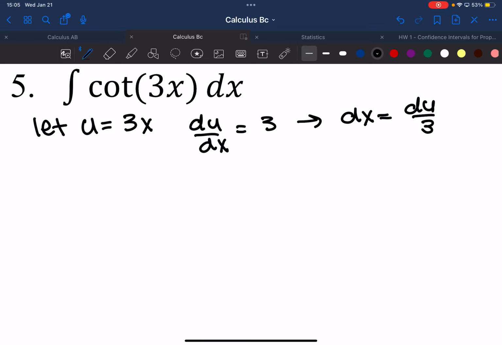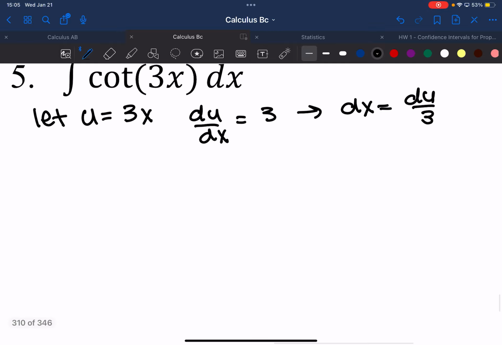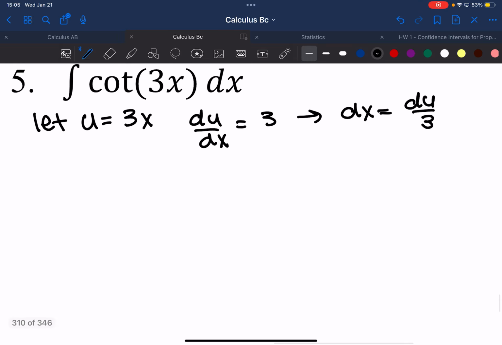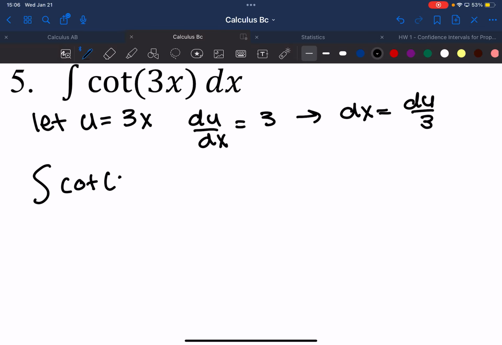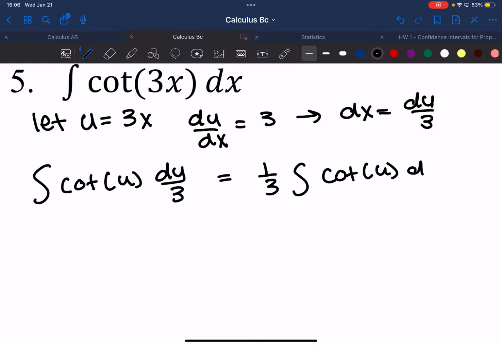That's why math is cool. You see the patterns, right? So then we plug everything in. We have the integral of cotangent u du over 3. I can take out that 1/3, move it to the front, and I have 1/3 integral of cotangent u du.